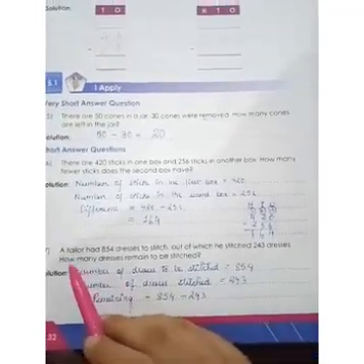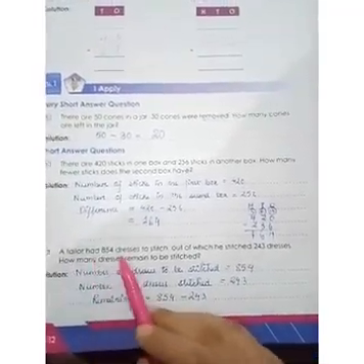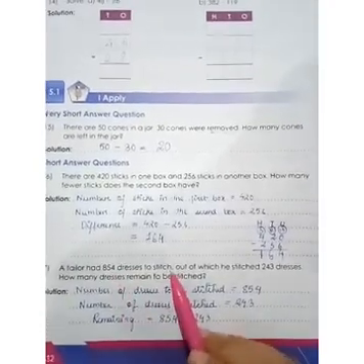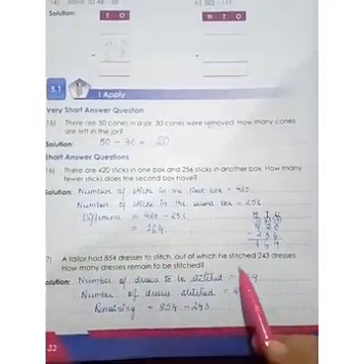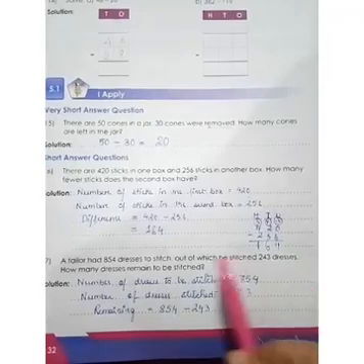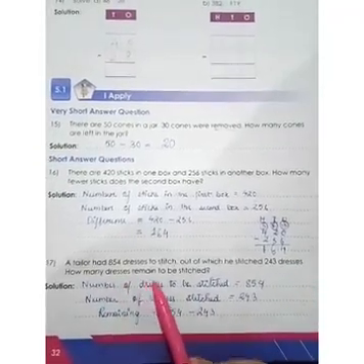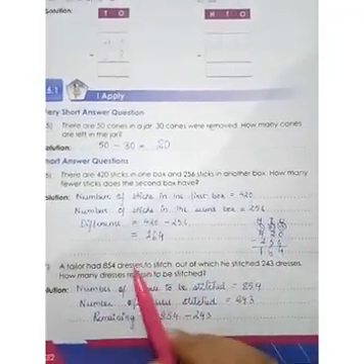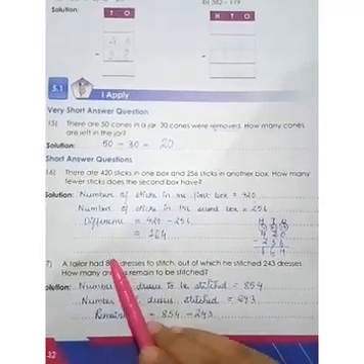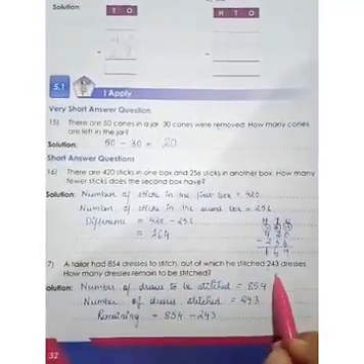The next question is, a tailor had 854 dresses to stitch out of which he stitched 243 dresses. How many dresses remain to be stitched? So a tailor was given 854 dresses to be stitched and he has done only 243.